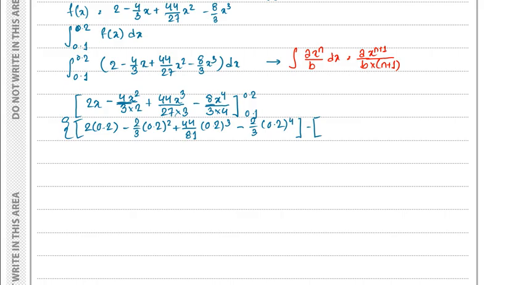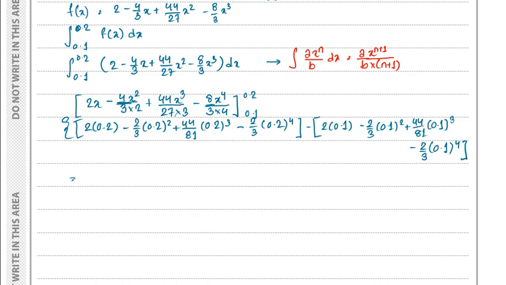Right now x would be 0.1: 2 times 0.1 minus 2 by 3 times 0.1 square plus 44 by 81 times 0.1 cube minus 2 by 3 times 0.1 to the power 4.